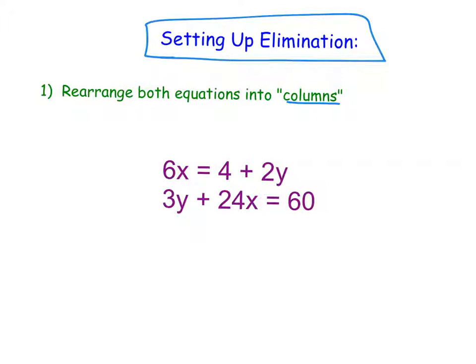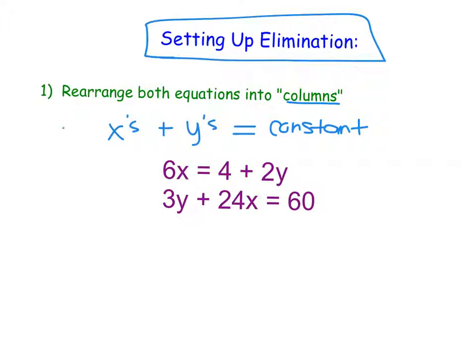Typically I set these up as the x's plus the y's is equal to that constant that doesn't have a variable value. You don't have to set them up that particular way, but you do need to be consistent. The equal signs need to align, as do the y's, the x's, and the constants.